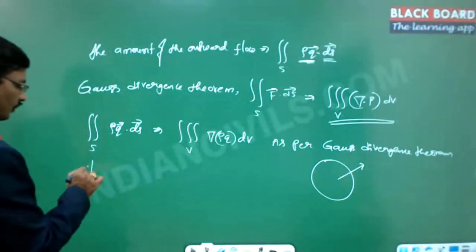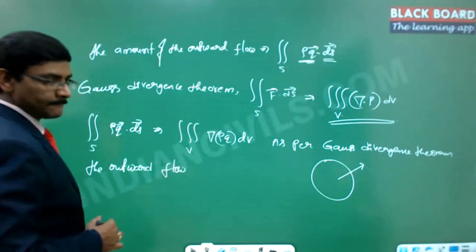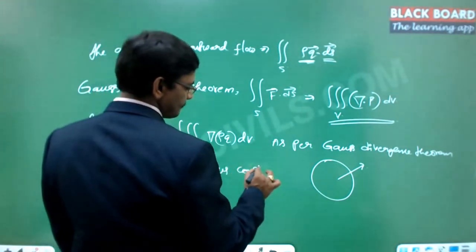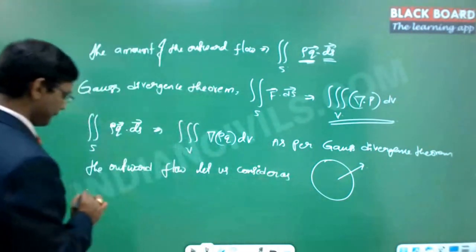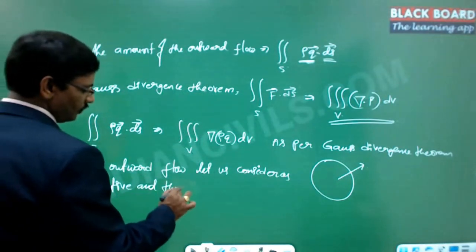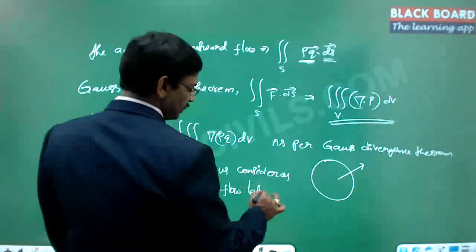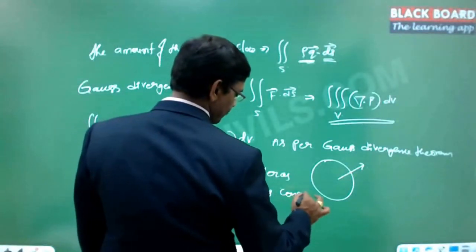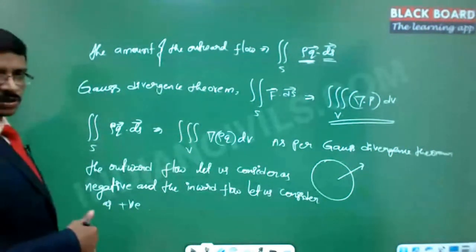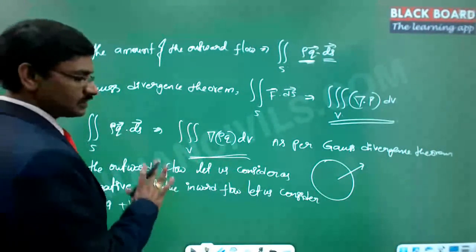So the outward flow, let us consider as negative, and the inward flow, let us consider as positive. So the amount of the outward flow is equal to this value. So this is the amount of the outward flow.